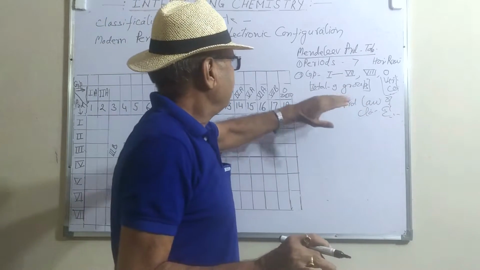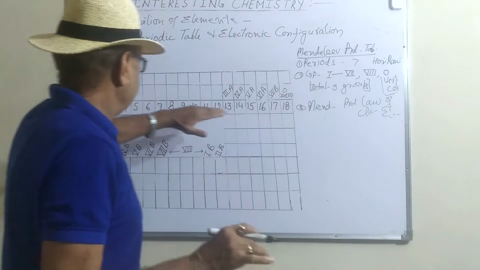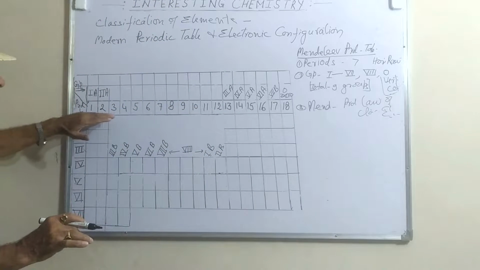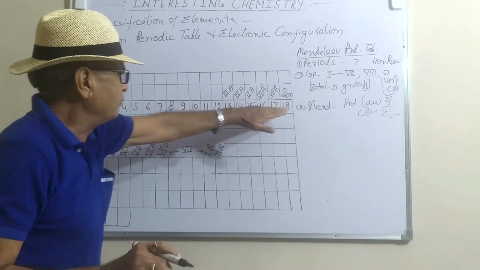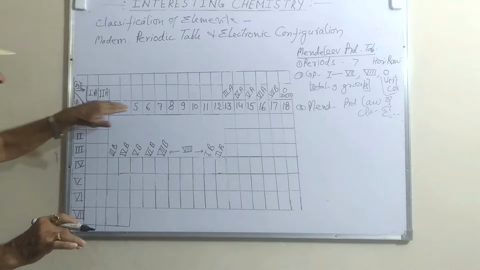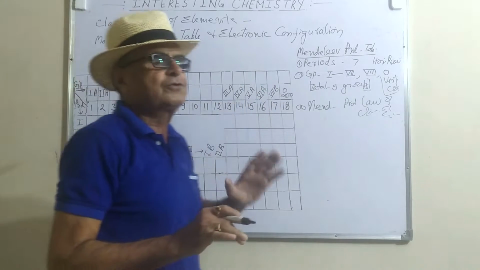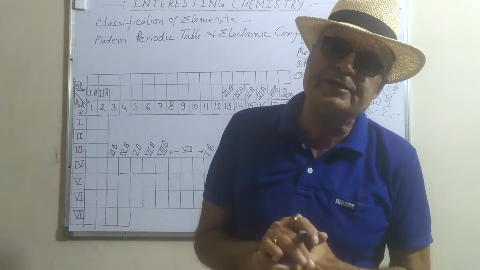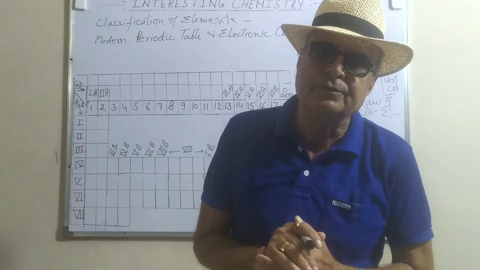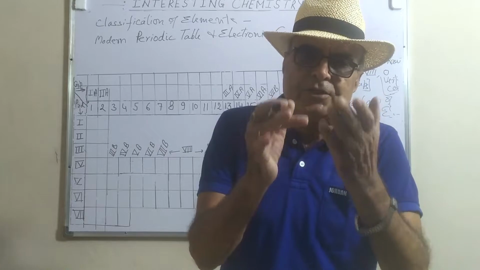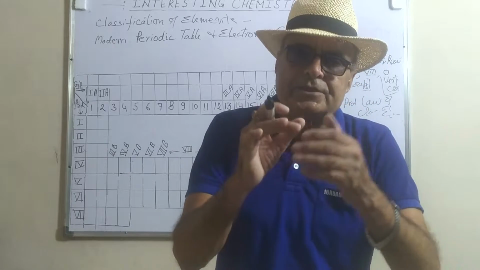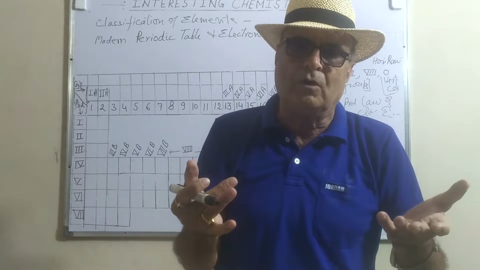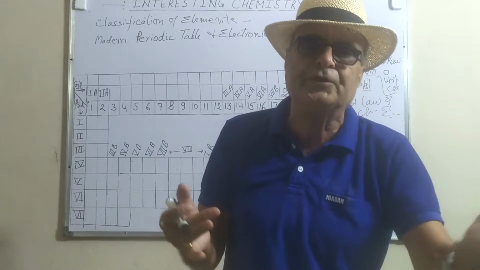So in the modern periodic table, there are 18 groups. The question arises, why do we write 18 groups? Because this modern periodic table is the modified form of the Mendeleev periodic table.